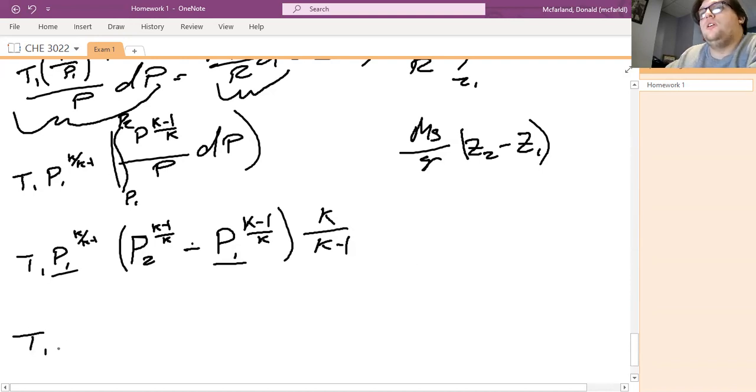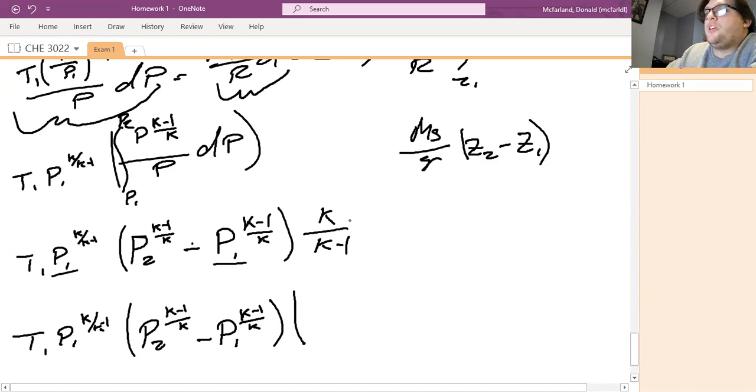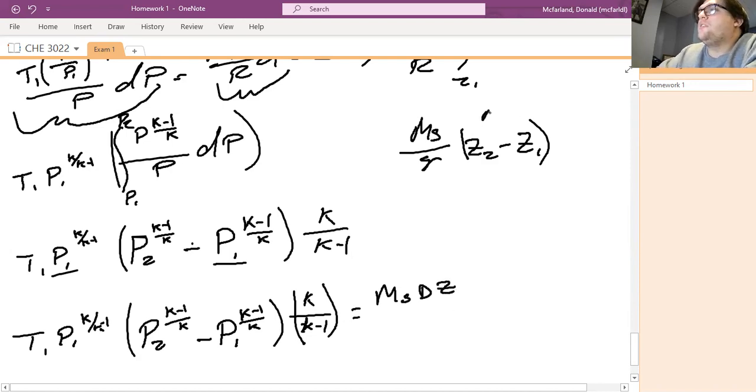And have T1, P1 to the K, K minus 1, multiplied by P2 to the K minus 1 over K, minus P1 to the K minus 1 over K, divided by K minus 1 over K, which is the same as saying K over K minus 1, is equal to mg delta z. Remember, this is just the same thing as saying delta z, z2 minus z1, change in depth over R.